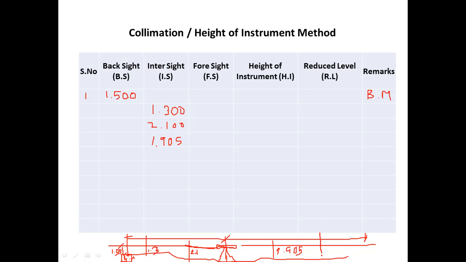Next I take somewhere here, and it comes as 1.650. Okay, so this is my last point, since after that I cannot view my reading. Here I am getting 1.55.